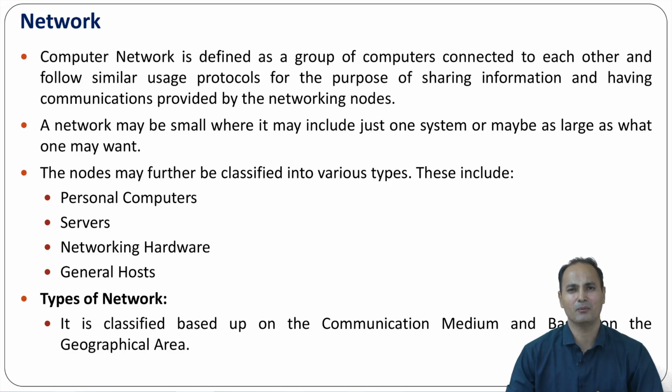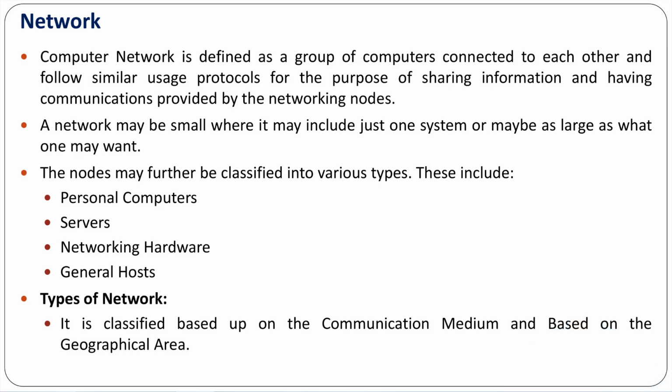So there may be more than one system, or as per the user's requirements, the computers may be connected to transmit the communication for this specific purpose. The node may further be classified into various types. This includes personal computers, servers, networking hardware and general host.